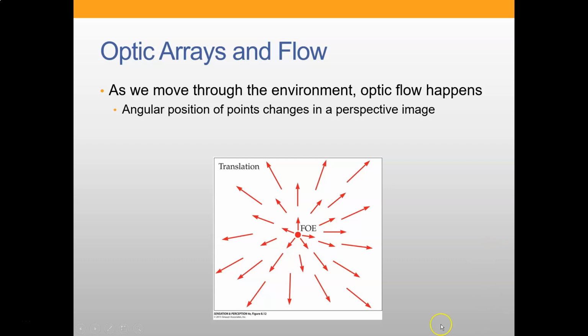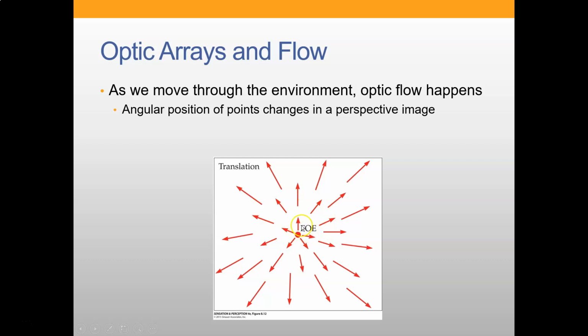Imagine that you're moving through the environment, and let's say that this center point is the focus that you are heading toward. This is the part of the visual field that you are heading towards. As you move through your environment and you move closer to this central focus, it's going to seem as if things in the environment radiate outward from that point.